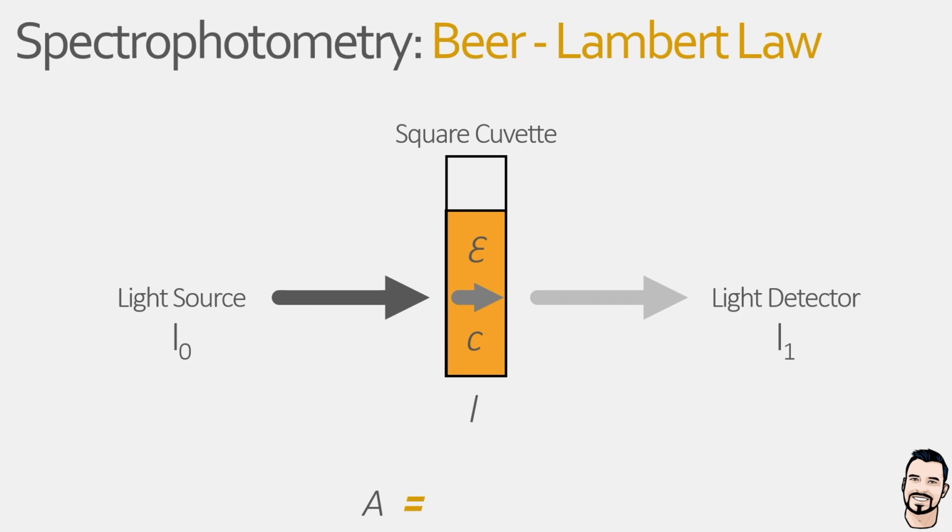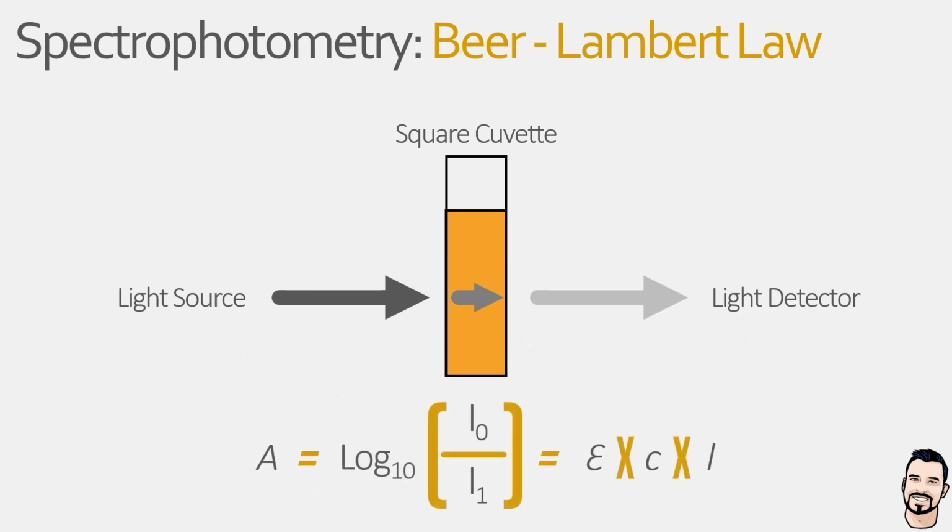And if we take all of this information, we can put it into a single equation, meaning our absorbance is equal to the log 10 of the light intensity entering the sample divided by the light intensity of the light leaving the sample, which is equal to epsilon multiplied by the concentration multiplied by the path length.